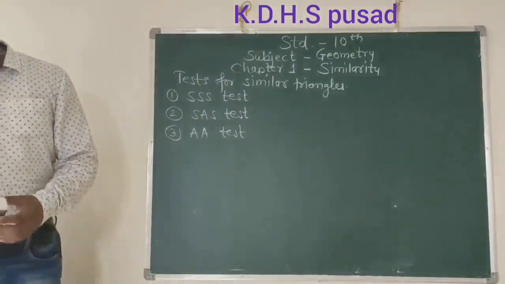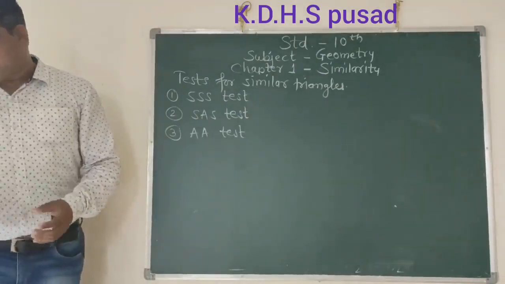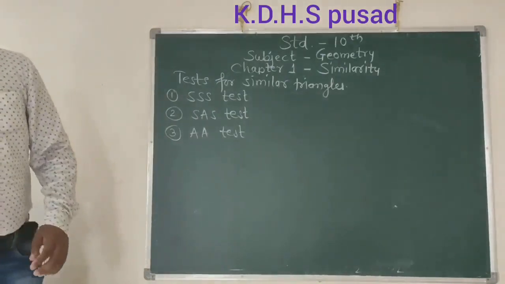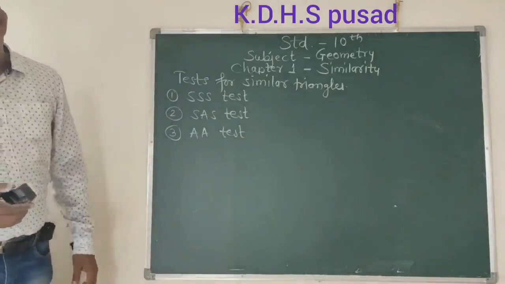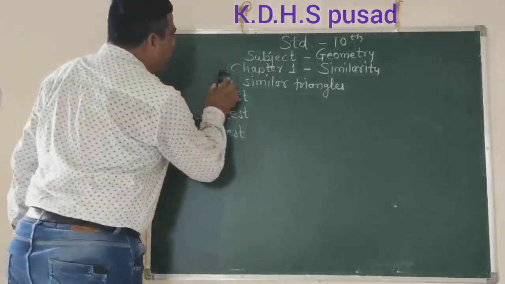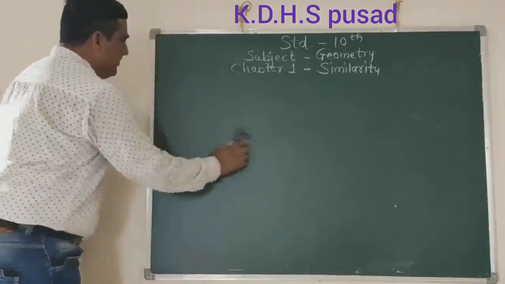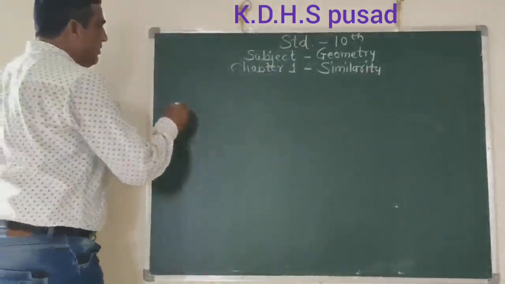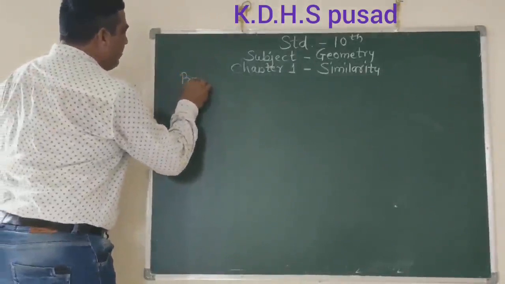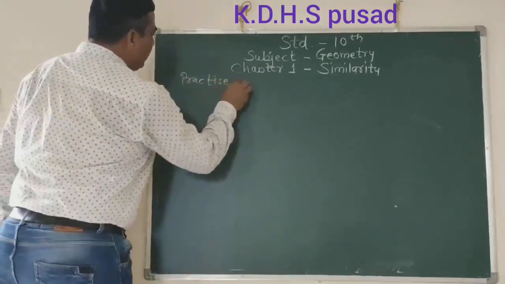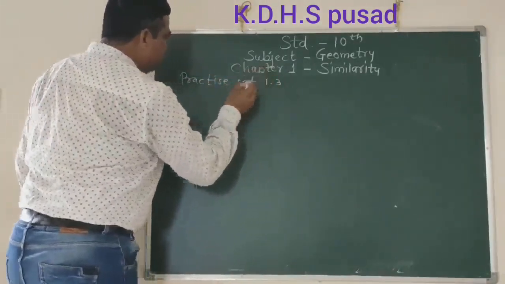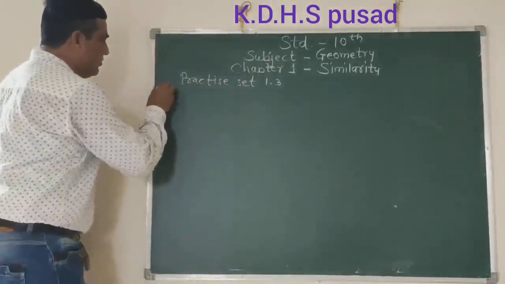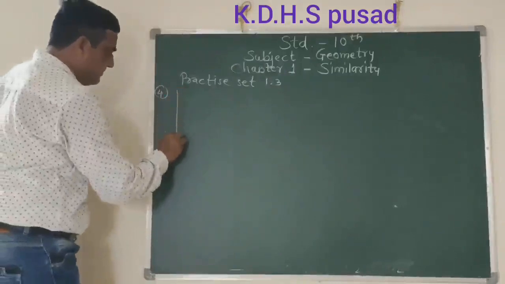So here directly I will consider some questions based on this knowledge. So here one question is given to you, that is practice set 1.3, question number 4. That is the diagram.